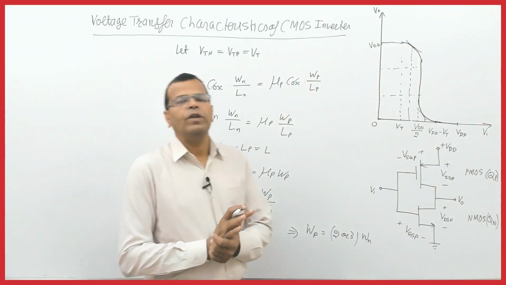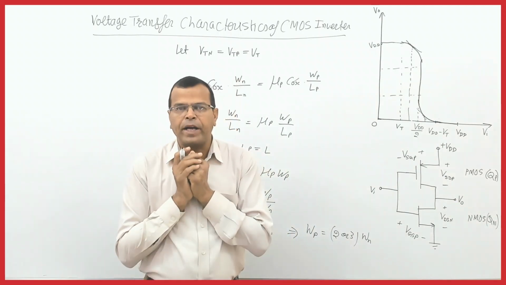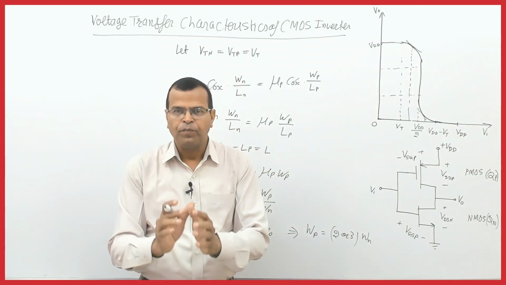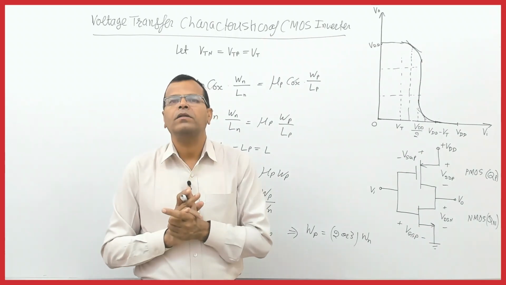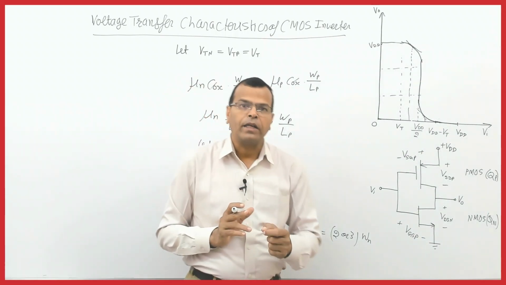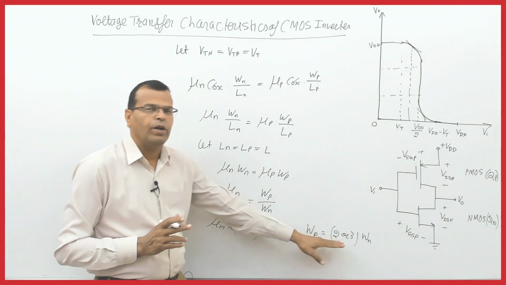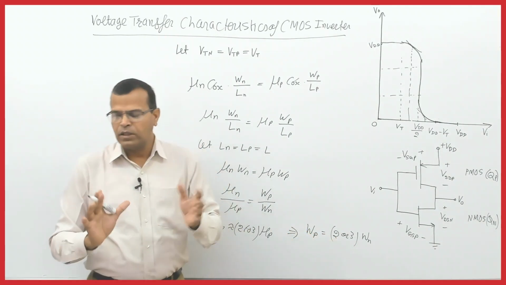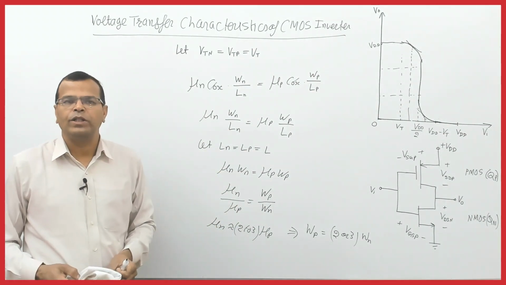Fine. So if both the transistors are matched, that means their threshold voltage is equal, their lengths of the channels are equal. In that case, the relationship between the widths of the channels will be this. This is one assumption we will be carrying throughout this topic.